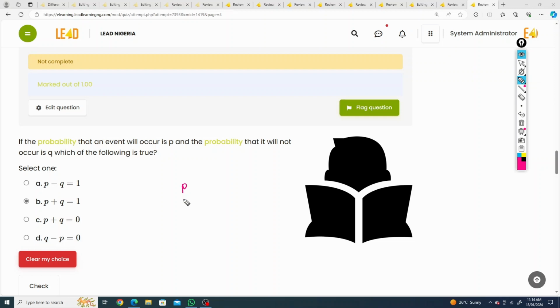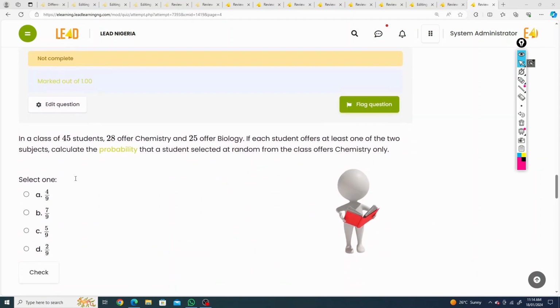So the probability of having a boy plus the probability of not boy must be 1. There's a 100% chance that if it's not a boy, you would have a girl. You could also say the probability of boy plus the probability of girl would be 1. All right, so let's move on.